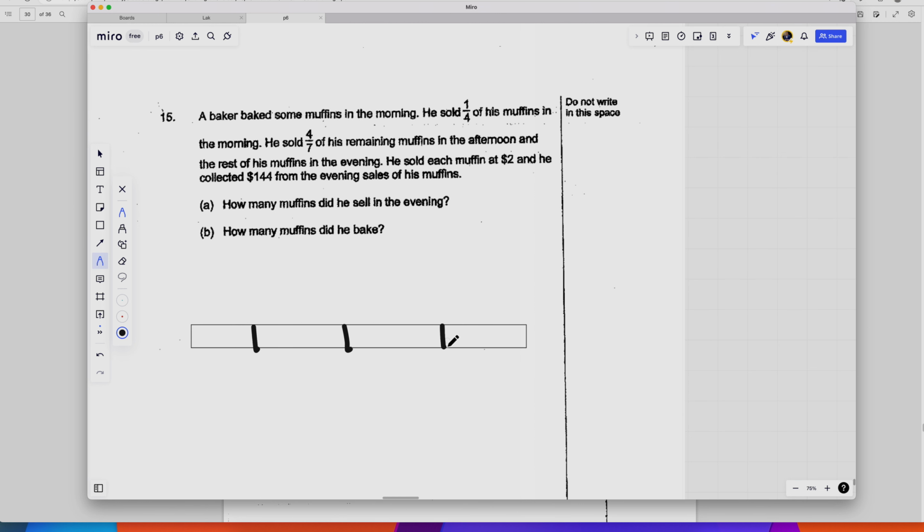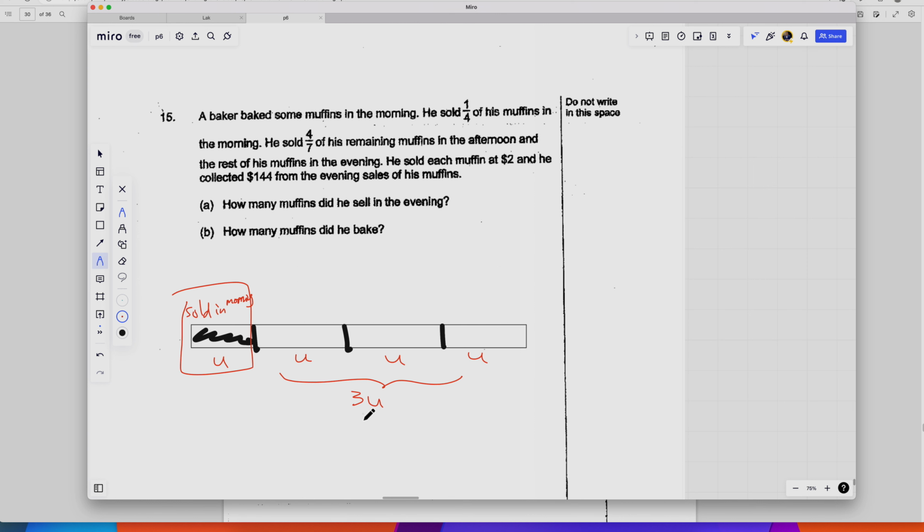Okay, and then of course this is sold in the morning. So you left 3 parts. Can you see? Yes. This is you, this is you, this is you, this is you. So one U is sold in the morning. So you have 3 U left.